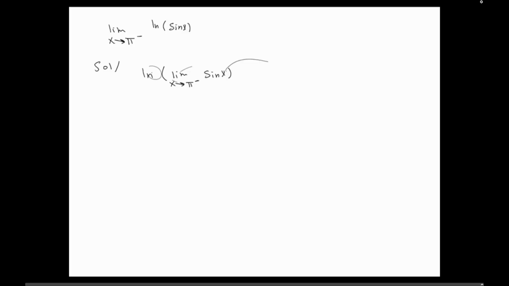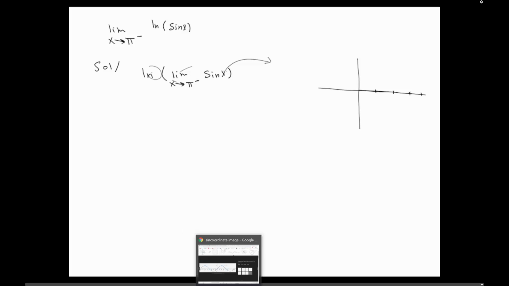First, we're gonna start with the graph of sine x. As you guys know, let's suppose we have pi divided by 2, then pi, then 2 pi over here, and 3 pi divided by 2. So this is 0, this is pi divided by 2, this is pi, this is 3 pi divided by 2, and this is 2 pi.